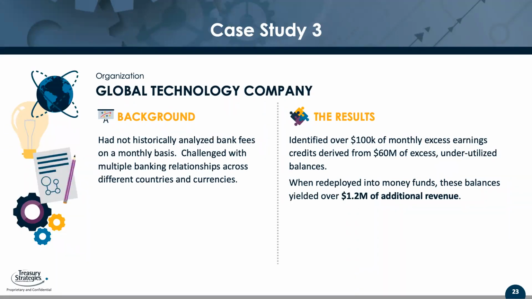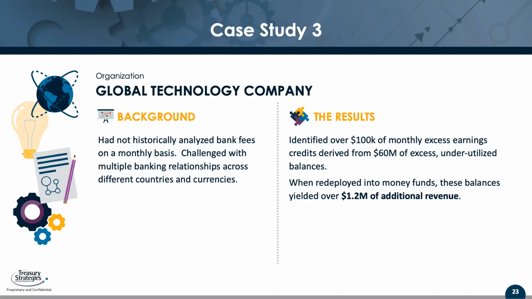Now, the last item in the case study is a very large global technology company. One of their big challenges was that they have multiple banking relationships across different entities, different countries around the globe, and obviously multiple currencies. What they were able to do is load in all of those statements, just dump them into our system, and through that effort, we identified over 100,000 of monthly excess earnings credits that were essentially being wasted each and every month.